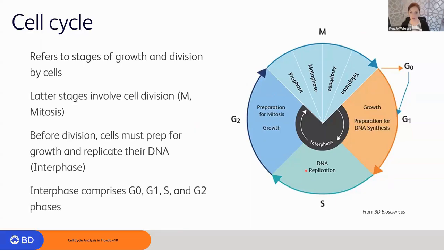The cell cycle also includes everything that the cells must prepare for in order to not only grow, but replicate their DNA. So before a cell can divide, it has to prepare to split its content. That also involves doubling its nuclear content. All of this happens during what we call interphase. During interphase, we have the kind of resting G0 phase, which goes into the growth 1 or G1 stage, which is where we are preparing for DNA synthesis.